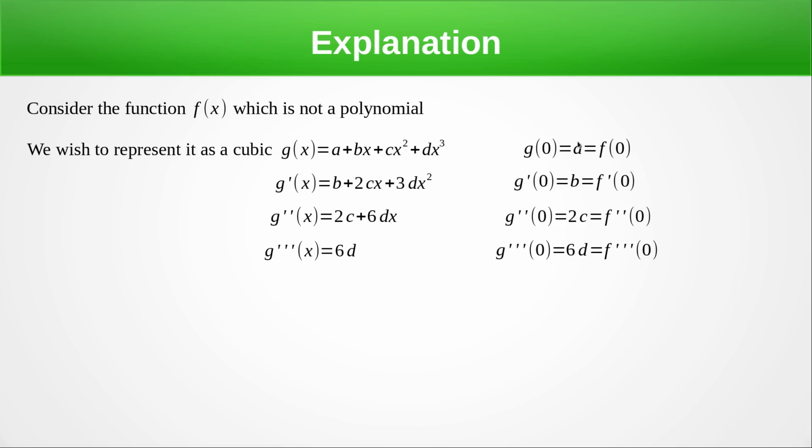So substituting these values of a, b, c and d back into g of x, we end up with g of x equals this function here. And you can see 2 is the same as 2 factorial, 6 is the same as 3 factorial. If you had done this for a quartic, you would have ended up with the next term not 1 over 6 but 1 over 24, which is 4 factorial. And this is really where Maclaurin's formula comes from.